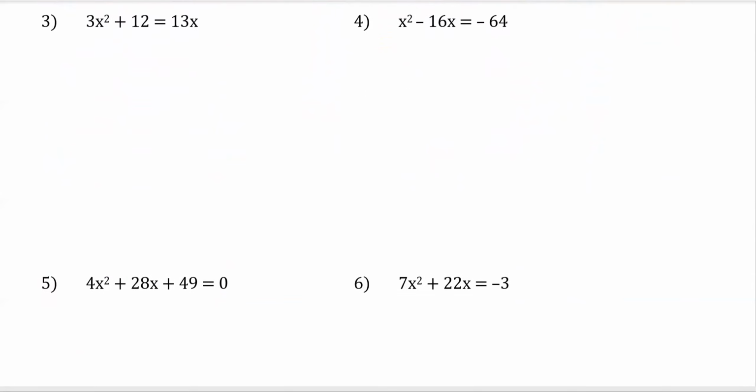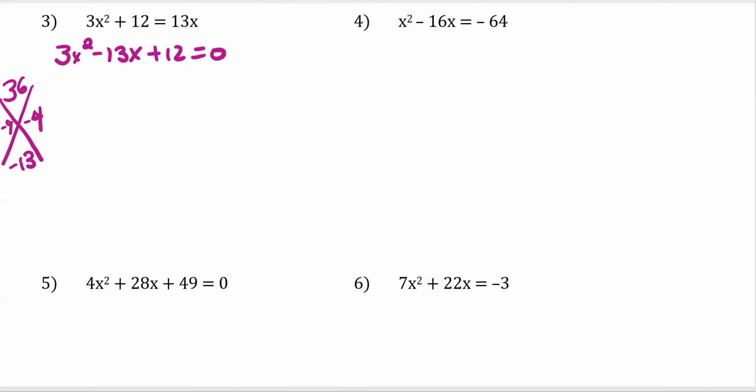Number 3, it is not in standard form, so we will need to subtract 13x from both sides. And now we'll need to factor. If we're going to use the AC method, we need the factors of 3 times 12 that add to b, which in this case is negative 13, negative 9 and negative 4.